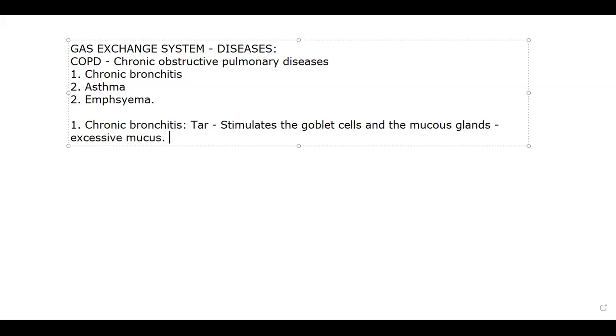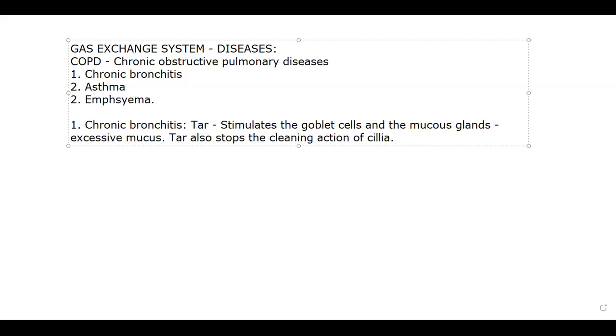Now, tar doesn't just stop there. Tar also stops the cleaning action of cilia.